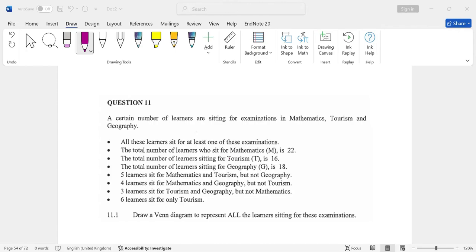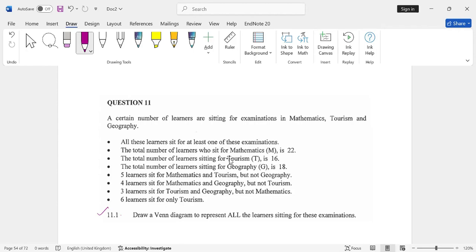So the question is 11.1. Draw a Venn diagram to represent all the learners sitting for these examinations. Since the total number of learners is not explicitly given, but all the students sit for at least one exam, let's use the given information to find the number in the intersection of all three sets.